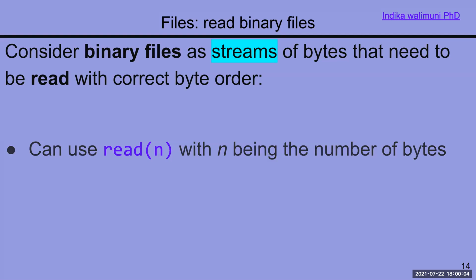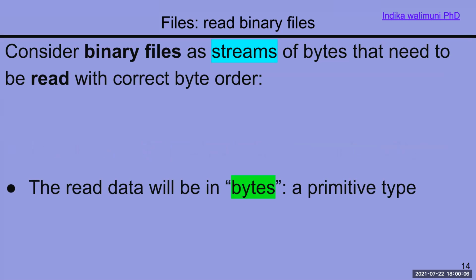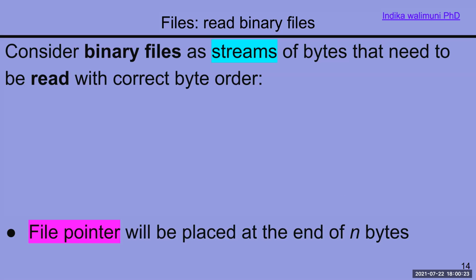After we read, the data will come as the bytes type, the primitive type that we just learned, and that's the reason we learned it.